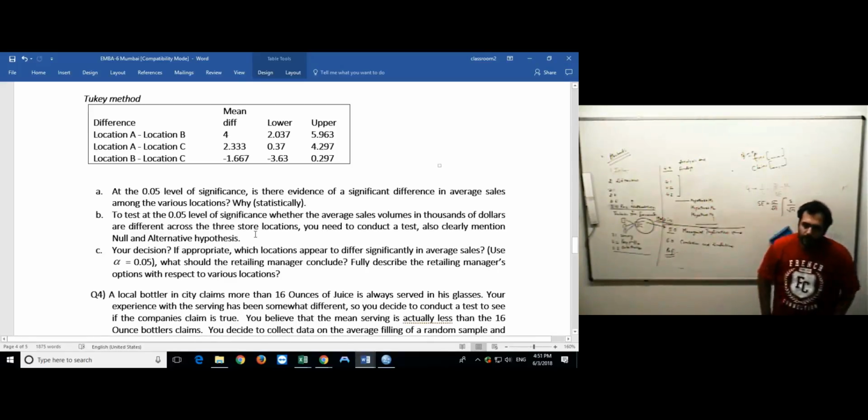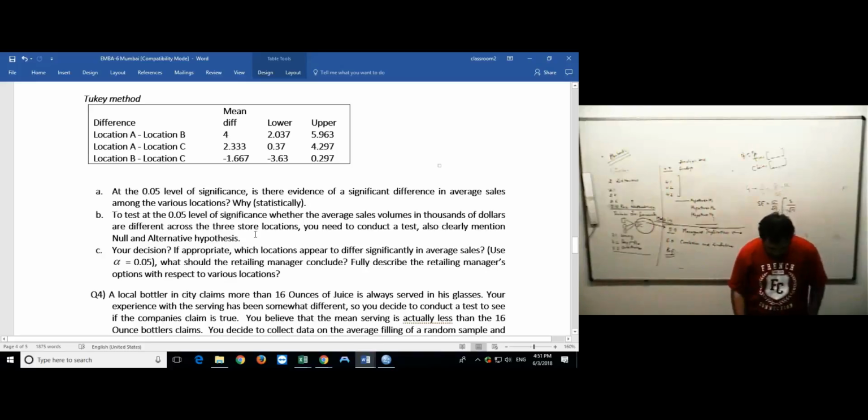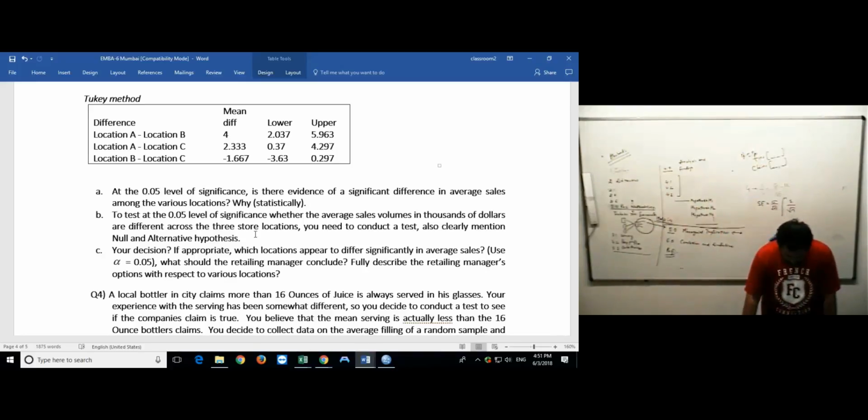Your decision, if appropriate, which locations are different. How are you required to justify which is different and which is same? You can see the upper value and the lower value. Wherever the signs are similar, A and B, A and C signs are similar.